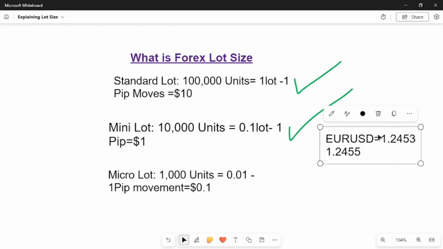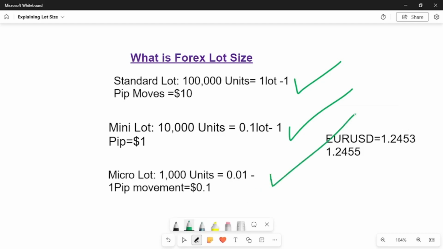And then micro lot, on the other hand, is 1,000 units of a currency, and the lot size for it is simply 0.01, and one pip movement in it will actually give you $0.1. So you can simply take a look at it here, and then in your next trade you get everything done correctly, so that you don't go and make any mistake whilst trading.